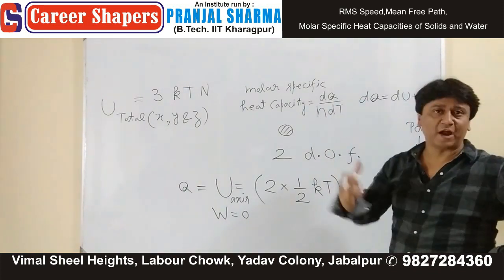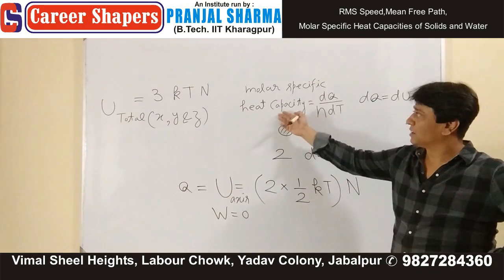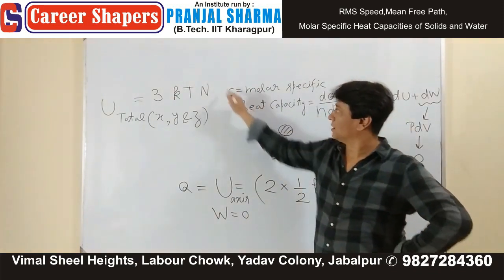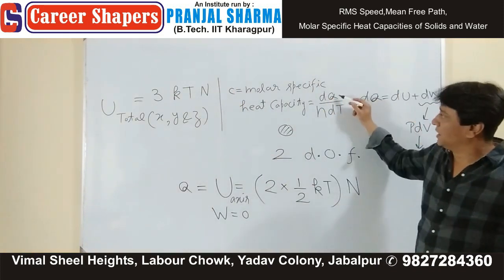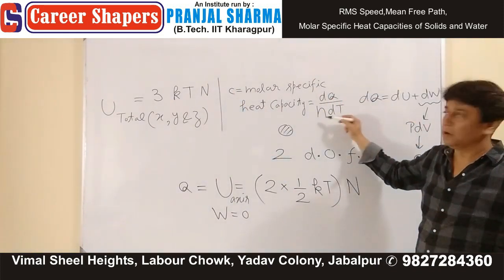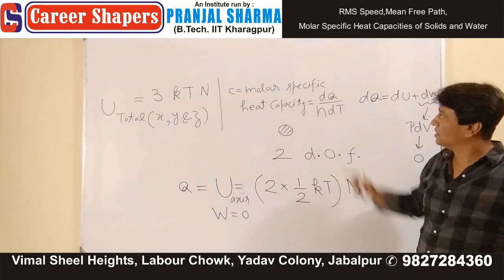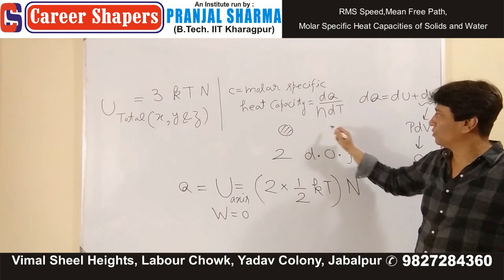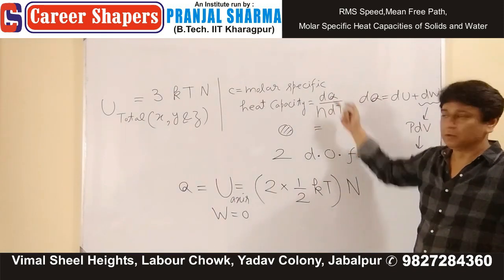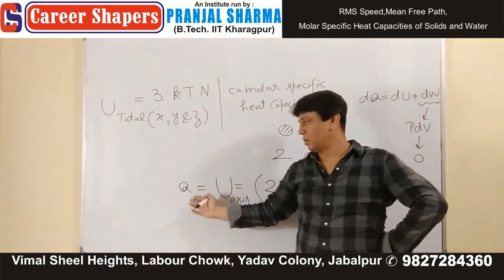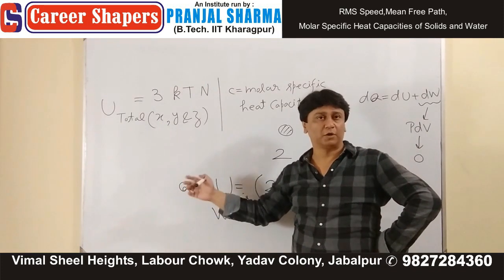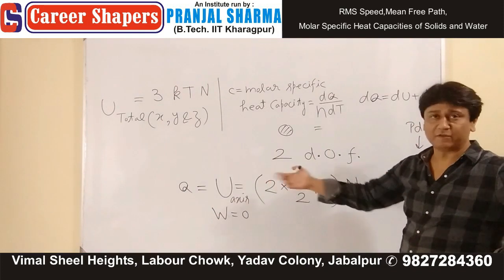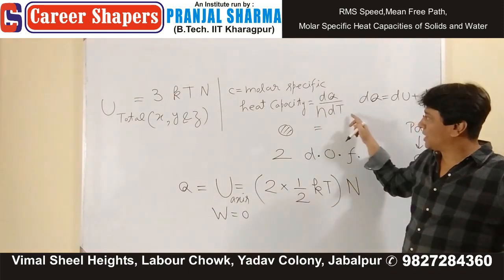That's how we define molar specific heat capacity C: heat supplied per unit mole per unit change in temperature. This dq, after integration, we can also write like q. You take q or you write dq or you write delta q, as of now they are the same for us. Integration of dq is going to give us q. So this dq upon n dt.